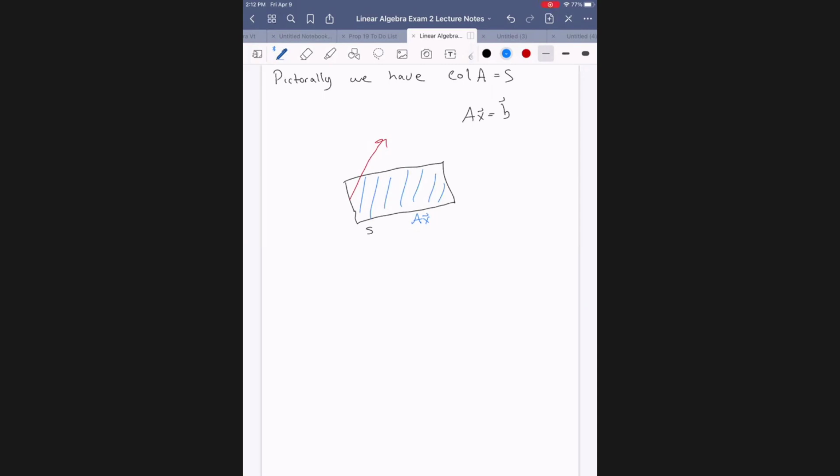The next thing is, if I want to minimize the distance between this vector right here and that plane, wouldn't it stand to reason that all I have to do is look straight downward, exactly where it's at?